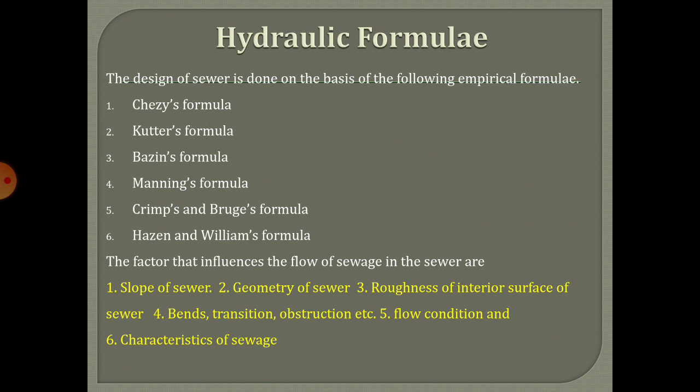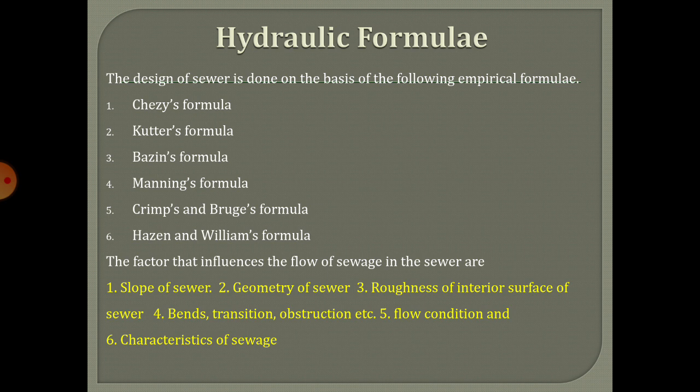According to that, the velocity gets reduced or increased. Then bend, transition, obstruction. If bends, transitions and obstructions are there, there will definitely be a loss of head and a loss in velocity also. So it may lead to the accumulation of solid matter in the sewer. So it is also a governing parameter.